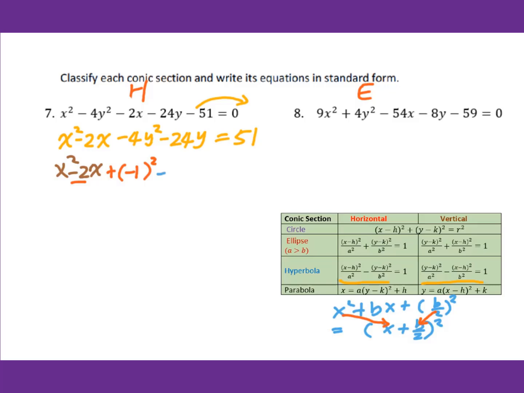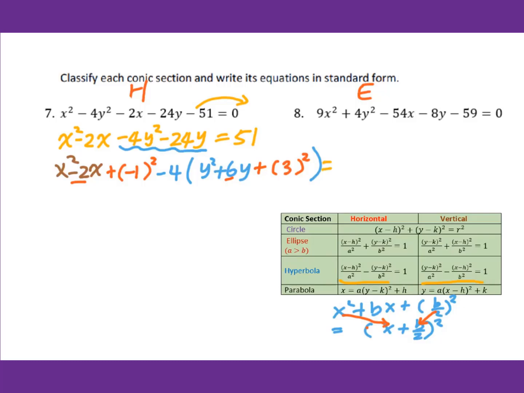Then for y squared, you have to take negative 4 outside. You get y squared, and negative 24 divided by negative 4 is 6y. Then you add (b over 2) squared. b is 6, therefore it's 3 squared.